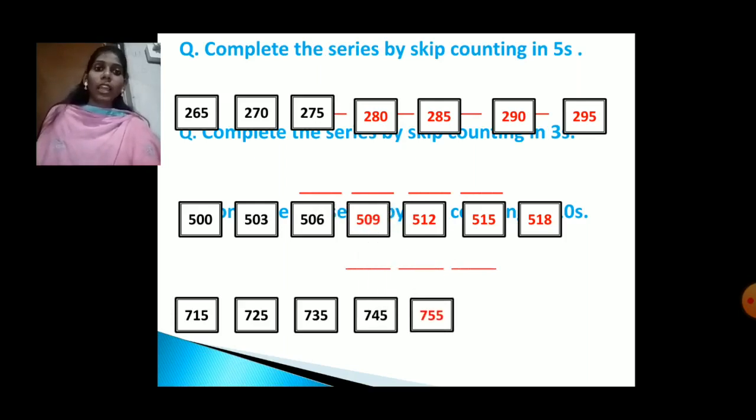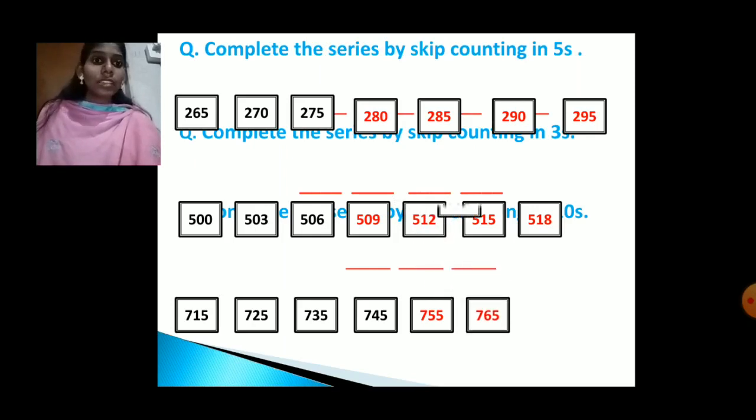Then after 755, again how many numbers will we skip? 10. After 755, which number will come? 765. Then after 765, 775.